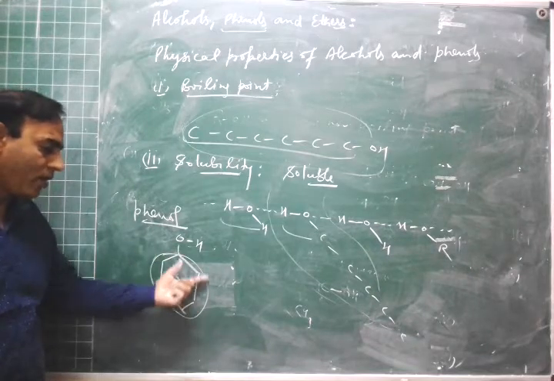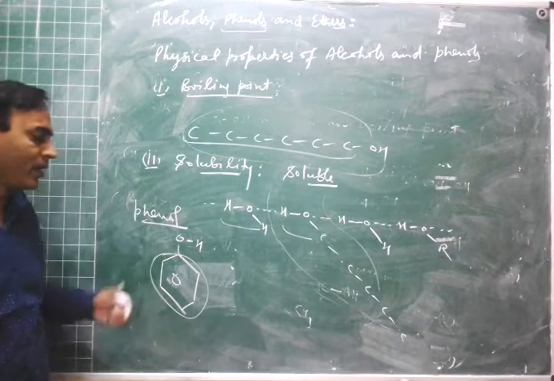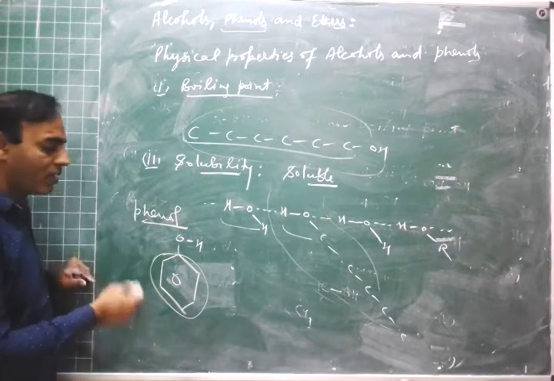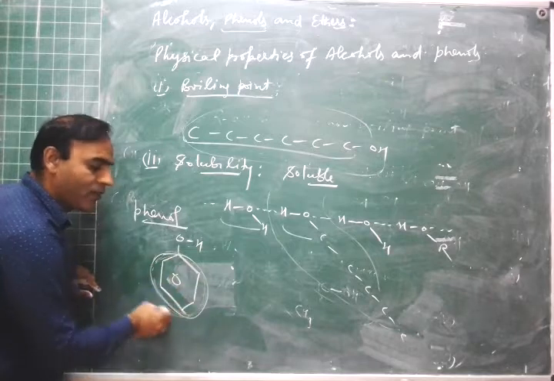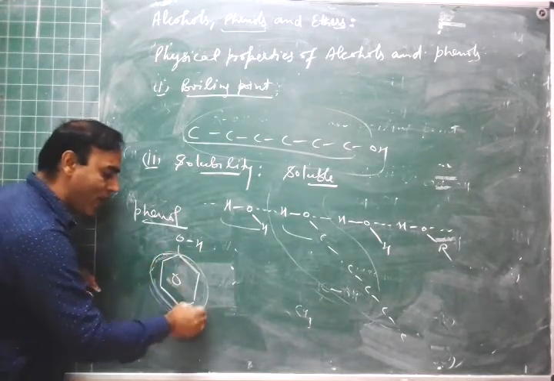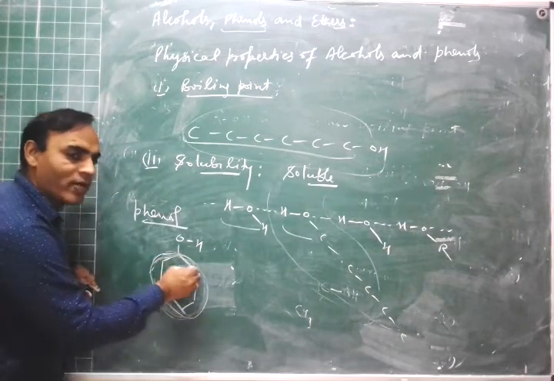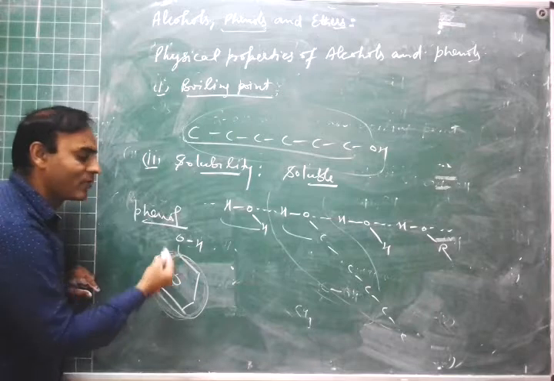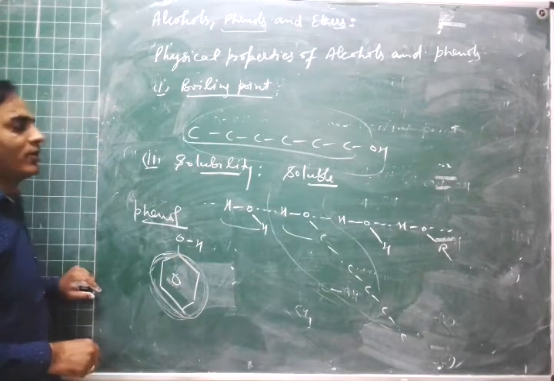This hydrocarbon part is hydrophobic. It is water hating. Hydrophobic means water hating. This is water hating because this part cannot interact with water. So this larger hydrocarbon part creates steric hindrance to the formation of hydrogen bonds in water molecules. That's why phenol is partially soluble in water.